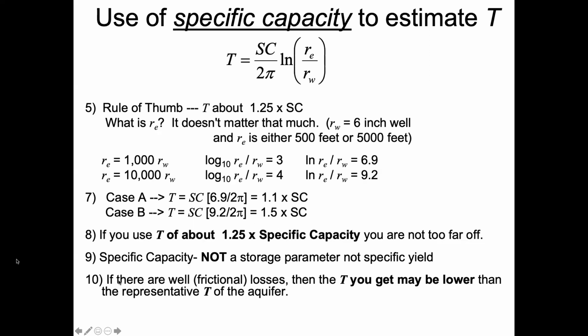And the other thing that you need to keep in the back of your head is that if there are frictional losses attributed to the well, the value of this T that you might calculate just from the well itself may be lower than the actual T that represents the aquifer system. So those frictional losses can be attributed to the fact that you have differences in your screen intervals, right?